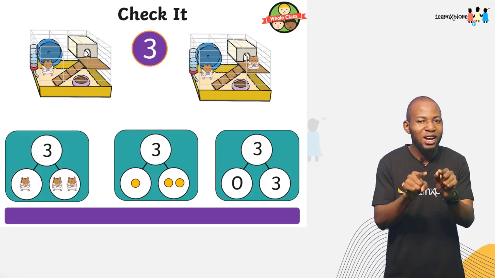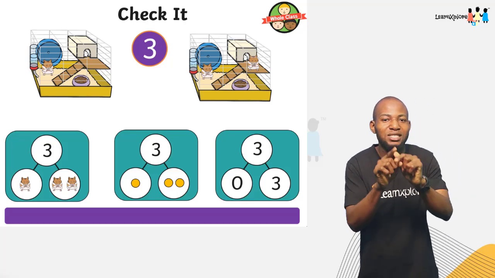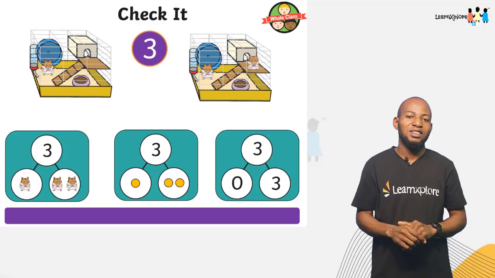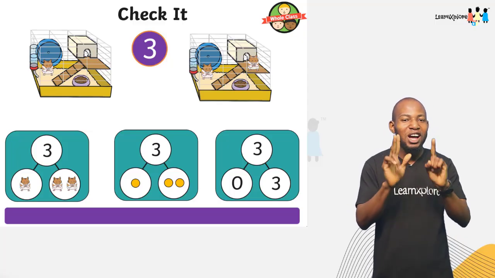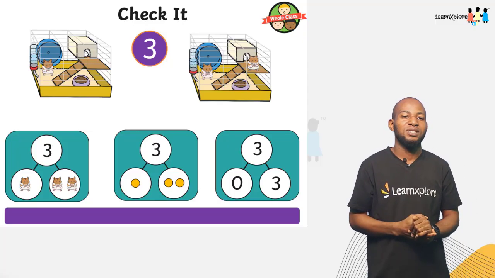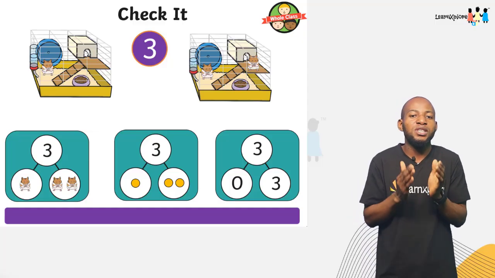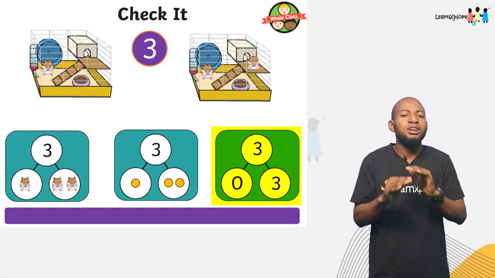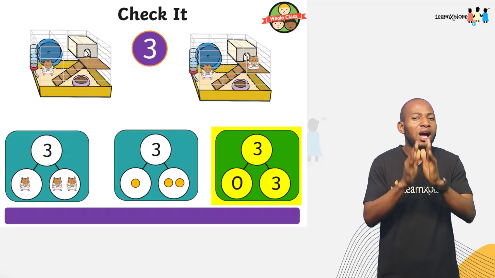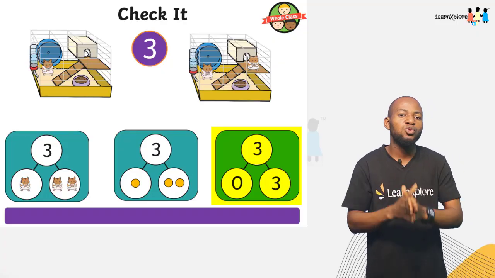That is 1 and 2 as parts. So any of these markings that doesn't represent 1 and 2 as parts is the odd one.